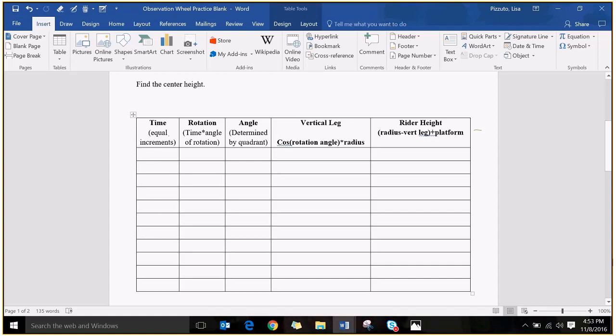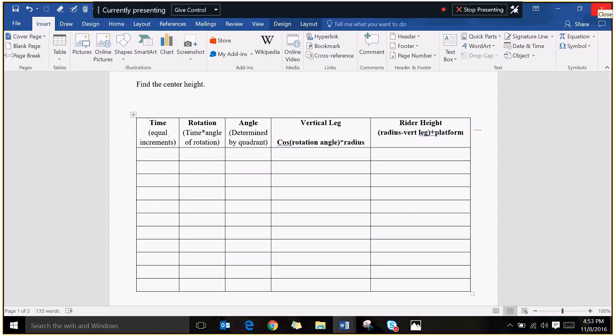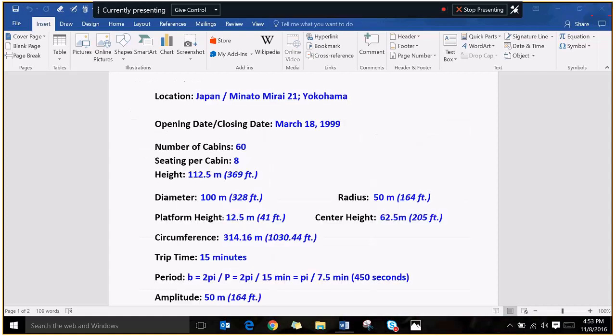But since you have to do 3 rotations, 0 to 15 minutes is only going to get you 1 rotation. I did 0, 5, 10, 15. Right, but that again will only get you 1 rotation. Oh, okay, so since you want 3 rotations, I do 15, 30, and 45. Right, exactly.